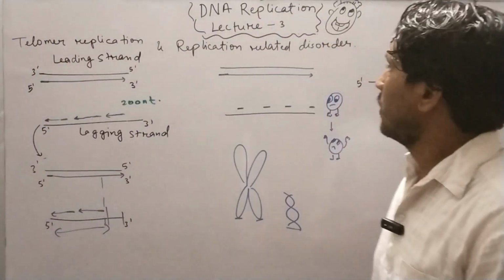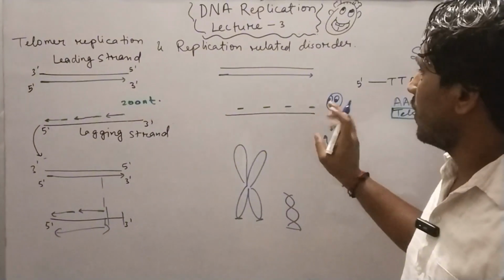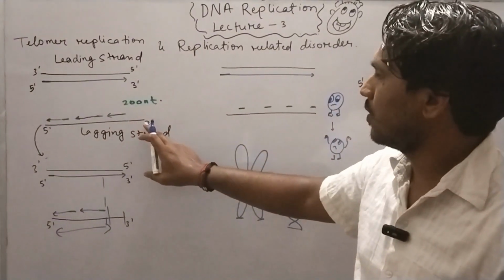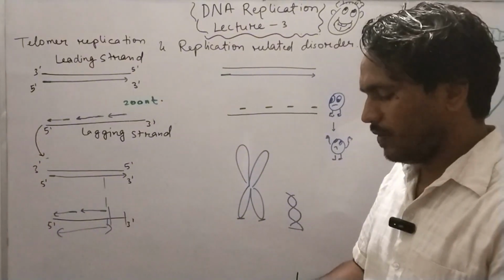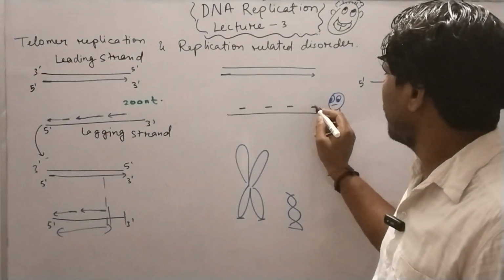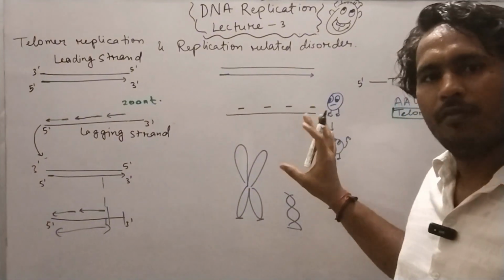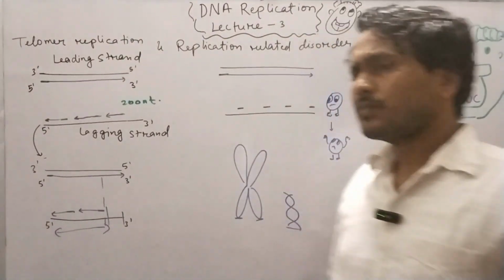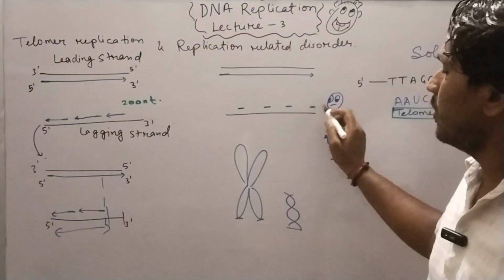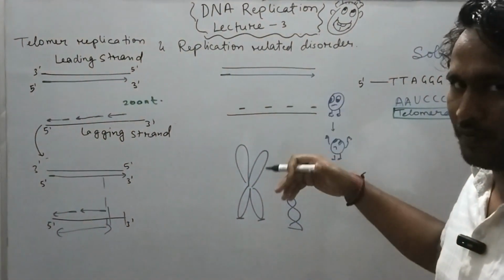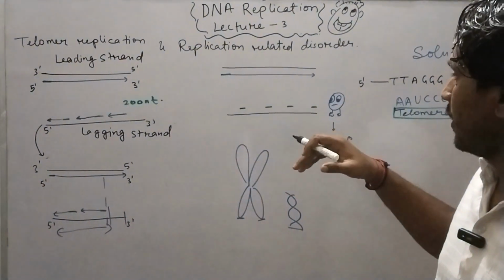Another way is the primer. What if this length is up to 200 nucleotides, and you added a primer here? Now you are happy. Fine. Whenever you need to remove this primer, DNA polymerase 1 will come and remove it in the case of bacteria.